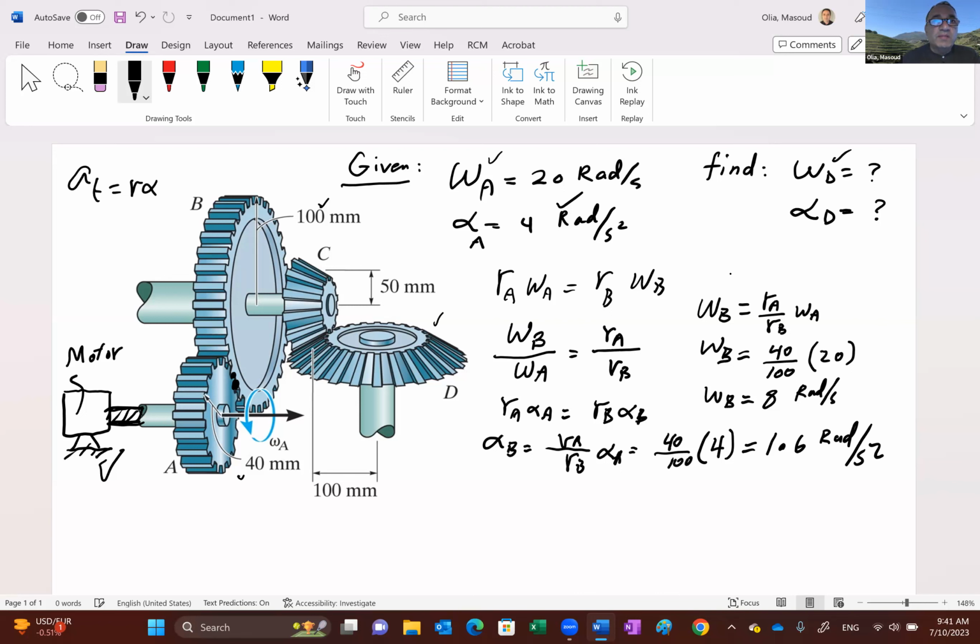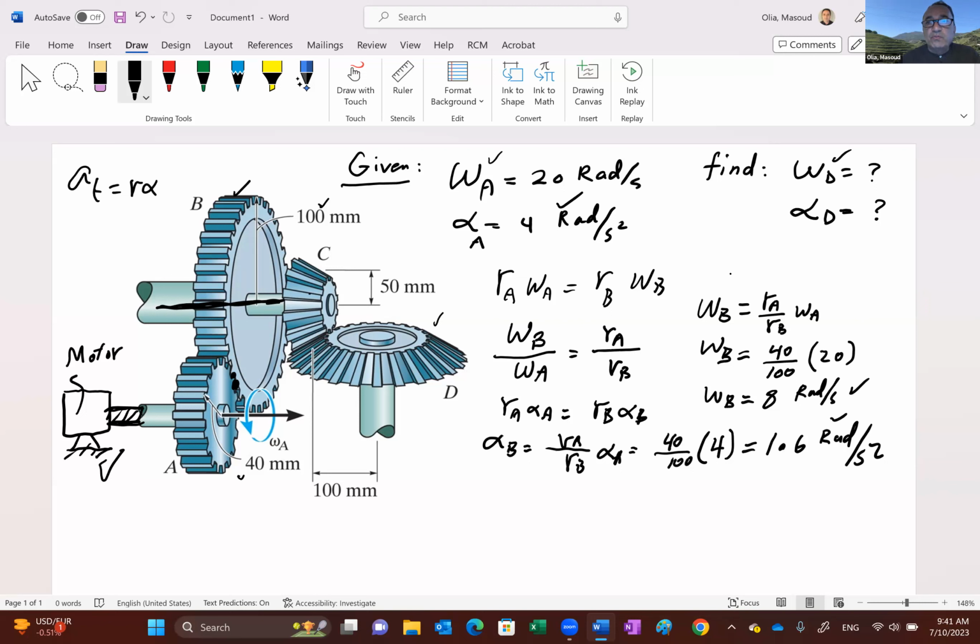So now, having determined angular velocity and acceleration of gear B, notice that gear B and C have a common shaft, so they're rotating with the same exact omega and alpha.